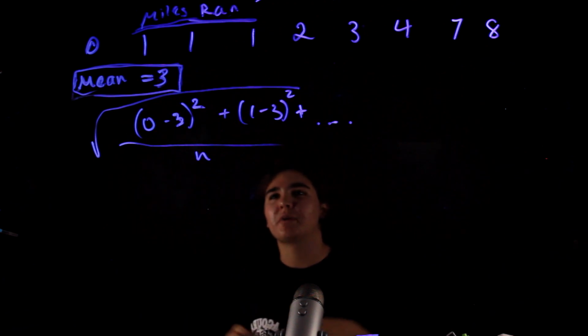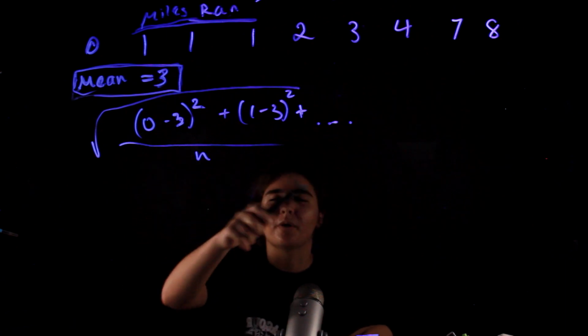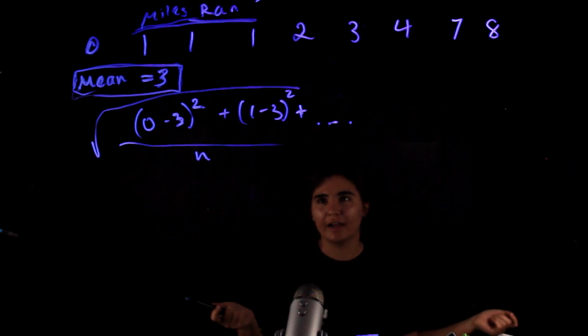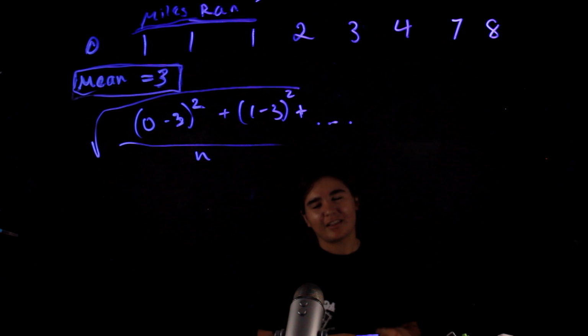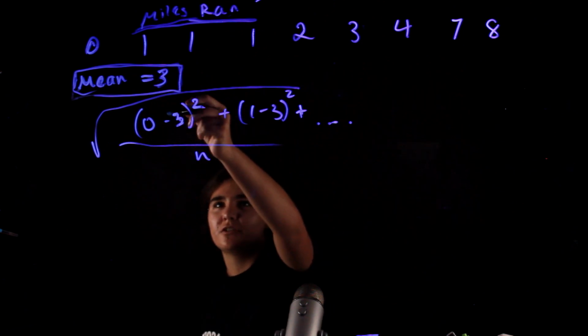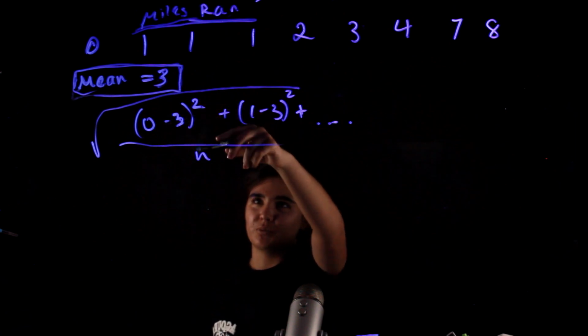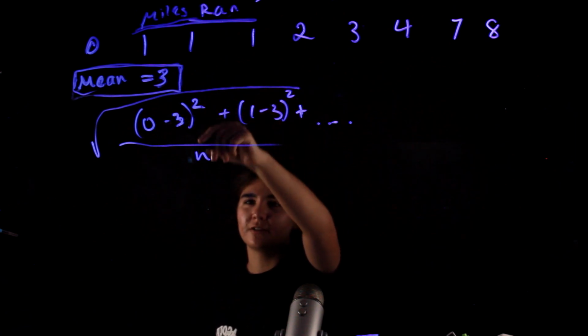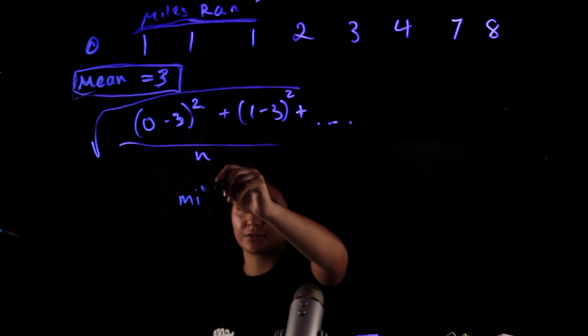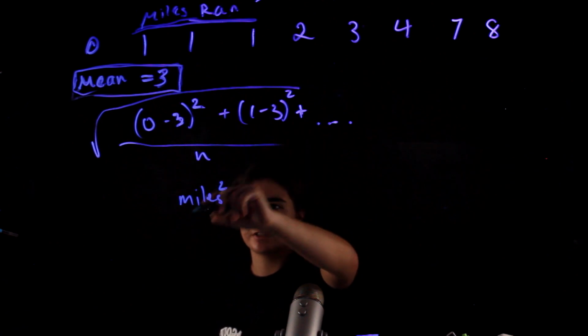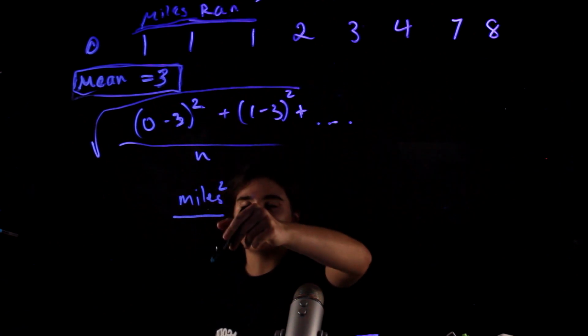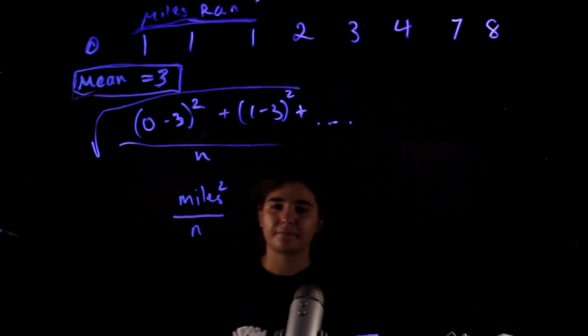And you might be wondering, well, why can't we just square it and then divide by the digits there? Think of this in terms of units, right? This is 0 miles minus 3 miles squared. So right up here, this is really miles squared, if we're just doing it in terms of units, divided by how many there are, which doesn't have a unit.